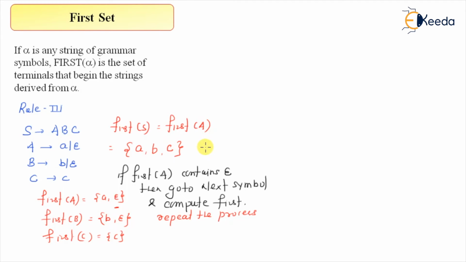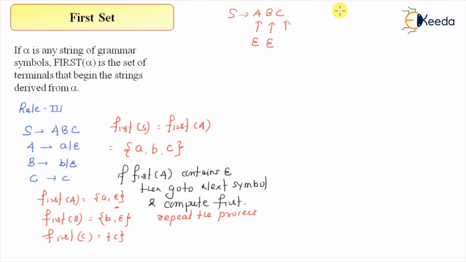To summarize, this is one of the important rules. Suppose I write a set of non-terminals A, B and C, and A can be replaced by epsilon, then I'll compute the next symbol. If B can also be replaced by epsilon, then I'll go to the next symbol. So if a non-terminal keeps on deriving epsilon, we keep on looking at the next symbol.